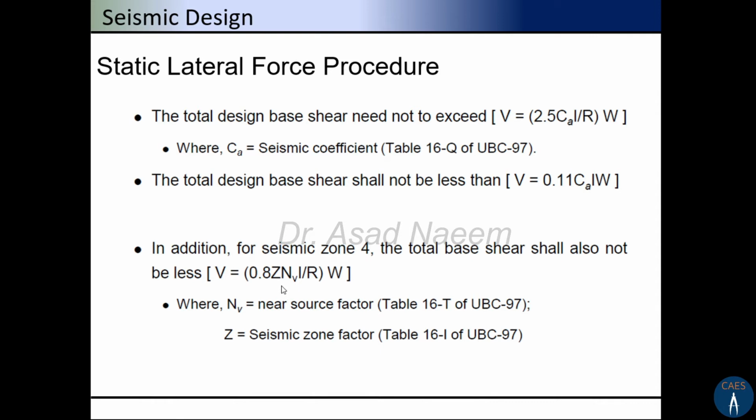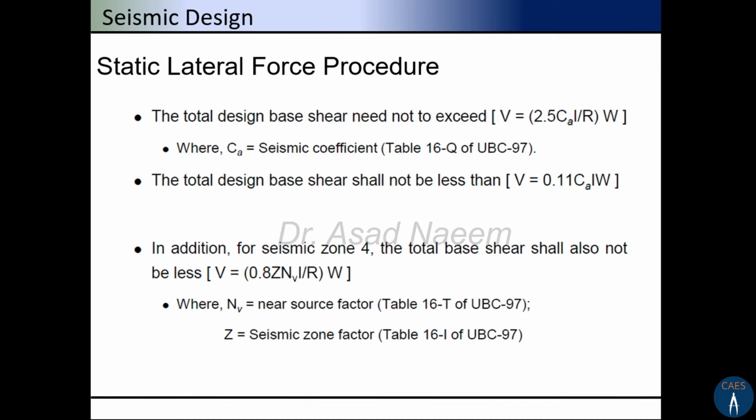And Nv is a near source factor, which accounts for how far our building site is from the source of the earthquake. So if it is less than 10 kilometers, then there is a special directivity effect on the building structure.